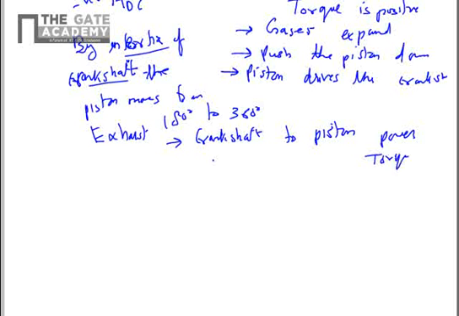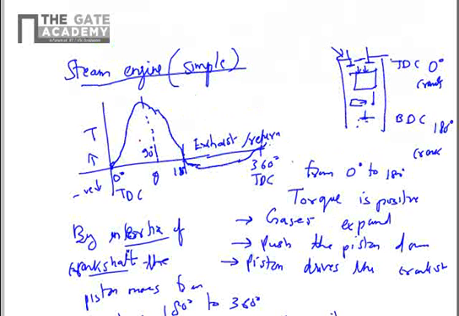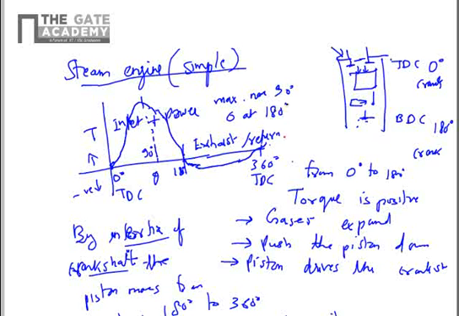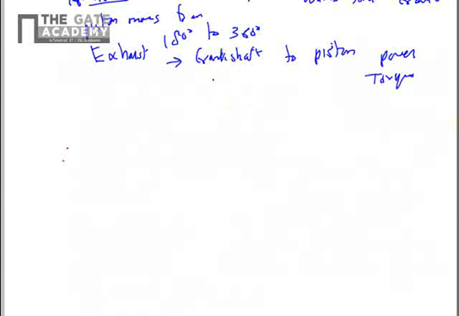Power or torque is transmitted during the inlet and power stroke, which is combined inlet plus power stroke. The torque gradually rises and reaches a maximum around 90 degree. Torque is maximum near 90 degree, and then it starts declining and reaches 0 at 180 degree. This is a simple steam engine cycle.